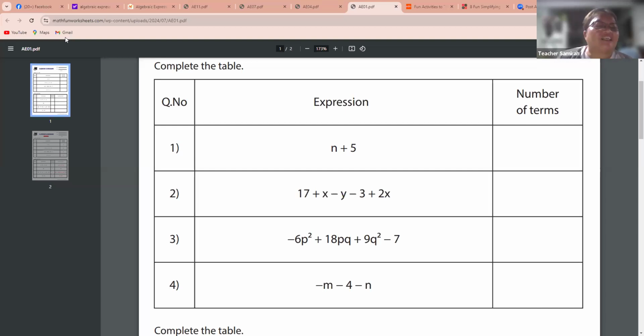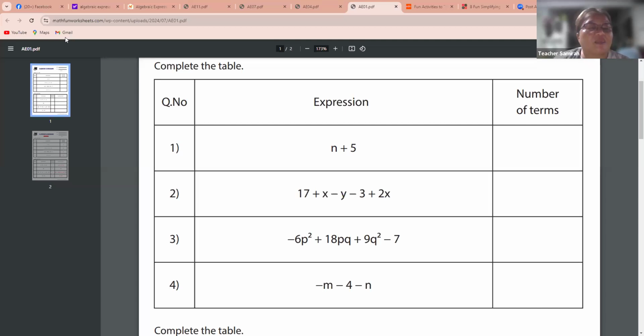Okay, so let me ask Inda. Inda, try to guess. Just simply guess. How many terms can you see for question number 1? Just guess. There will be no problem if you cannot guess it right. Between 1 and 2, just simply choose 1 or 2. How many terms?